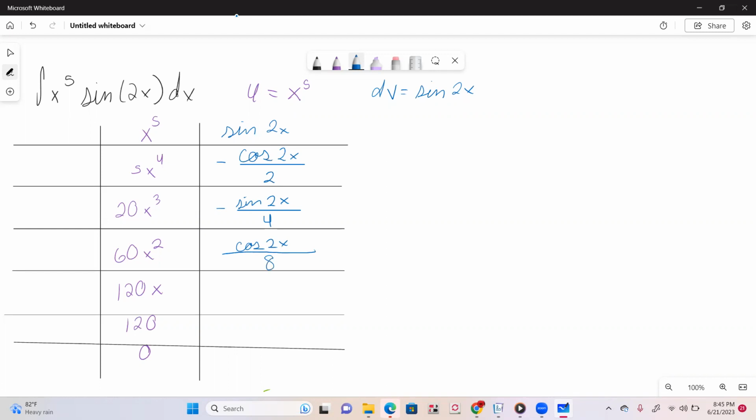Then the integral of that is just going to be sine 2x, and this divided by 2 is going to be 16. Then it's going to be negative cosine 2x divided by 32. I think you kind of get the flow at this point. Sine 2x divided by 64.